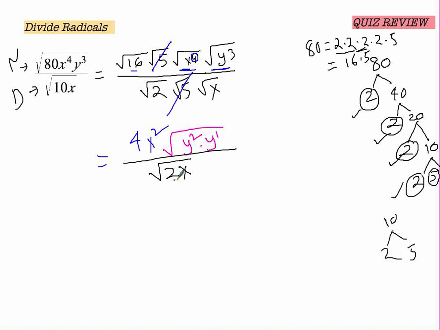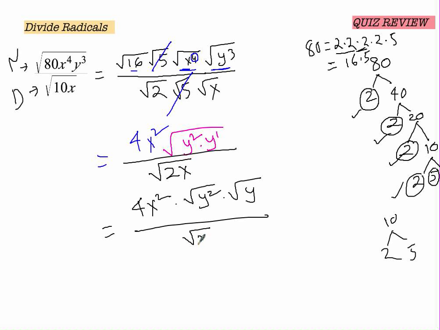Alright, next step, what do we do? We go ahead and try to break this down, the y squared and y, split it out, and we'll try to simplify this. So we'll say this is the same thing as 4x to the power of 2 times square root of 2y squared times square root of y, and this is divided by square root of 2x.